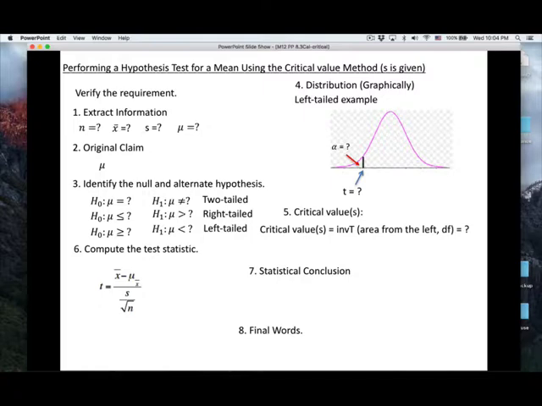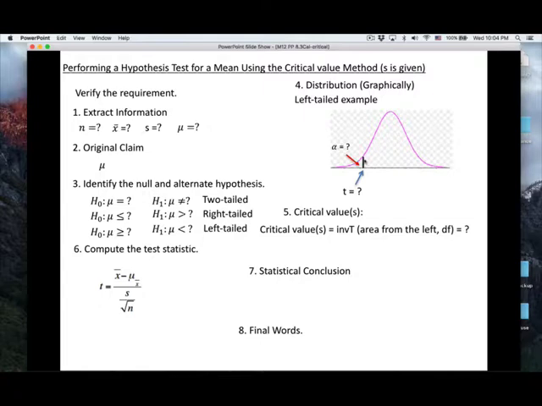If you are using a TI-83 Plus calculator, you need to do the programming. You could look for a YouTube video, or you could see me after class, and I could help you do the programming. Okay, inverse t: plug in the area from the left, which is going to be your alpha here, and then the degrees of freedom. Degrees of freedom will be n minus 1.